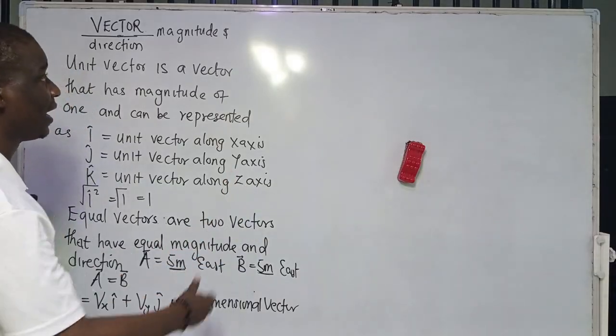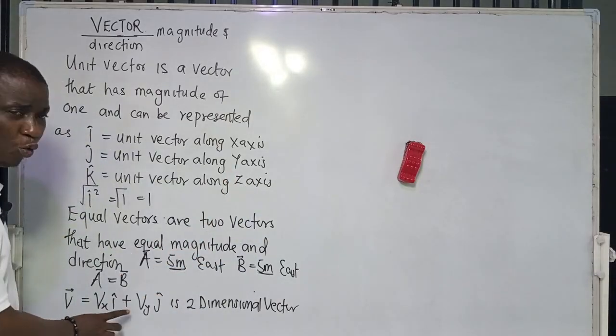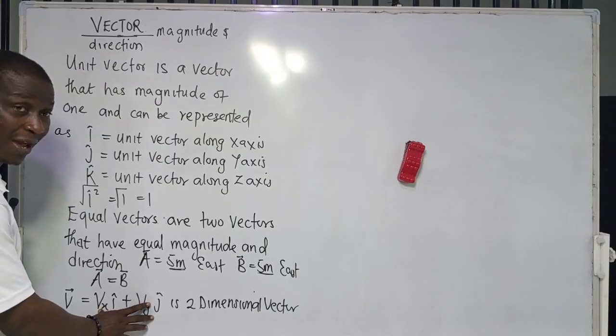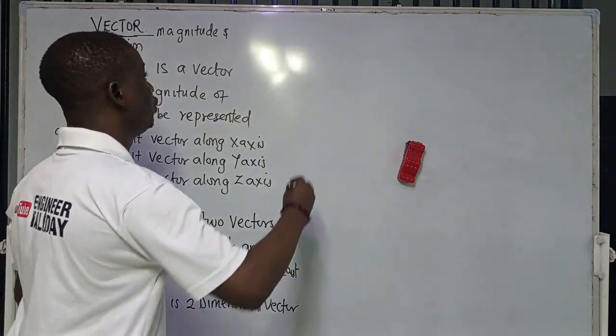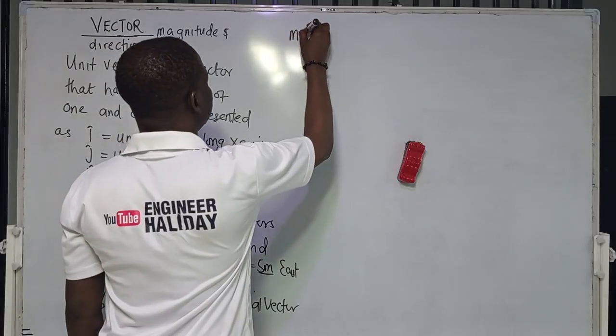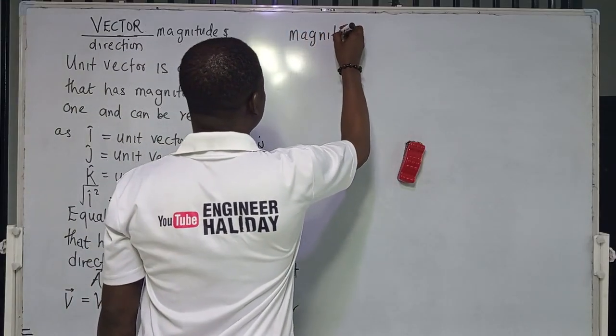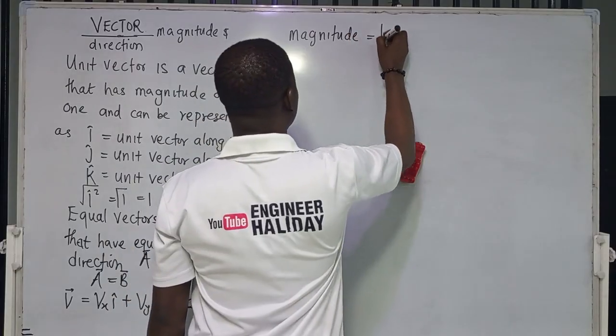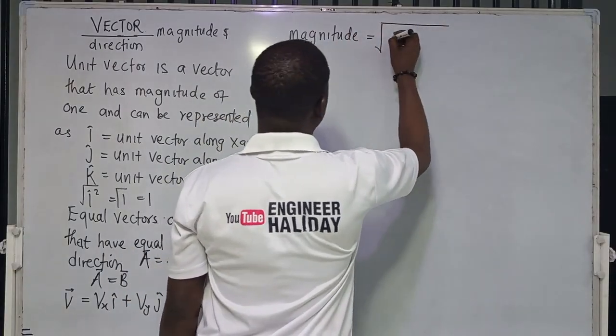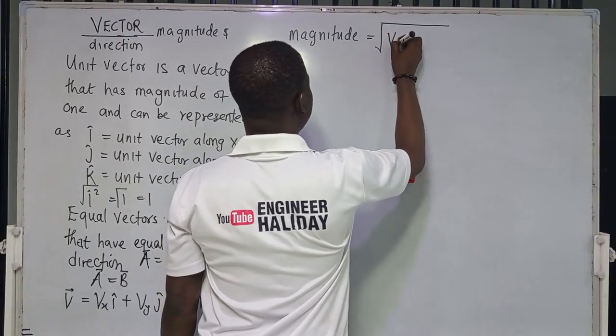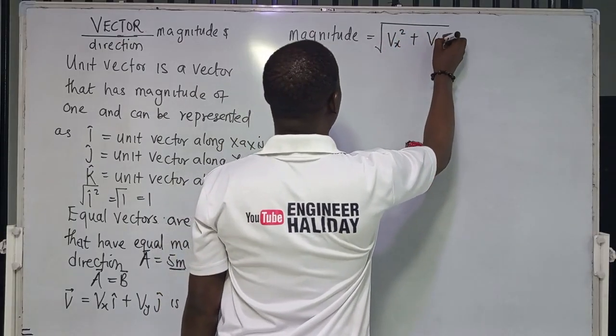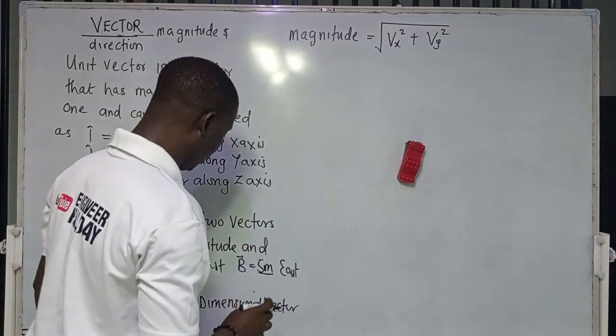Now, let's go ahead. If you have a two-dimensional vector, like what we have here, to find the magnitude, the magnitude will just be the square root of Vx squared plus Vy squared. That is how to find magnitude.